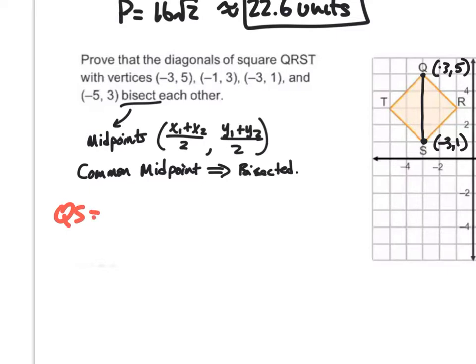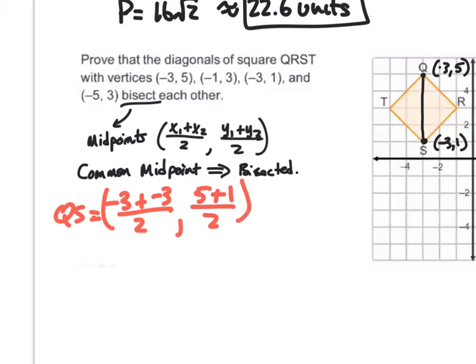Let's take our X values, add them together, and divide by 2. So I'm going to take negative 3 plus negative 3, and then divide by 2. We'll take our Y values and do the same thing: 5 plus 1 over 2.